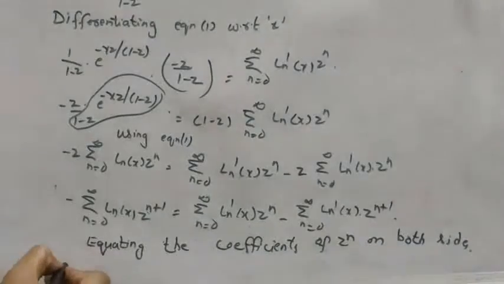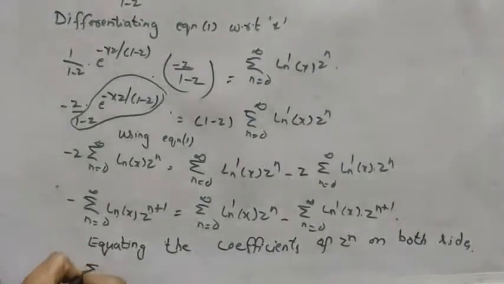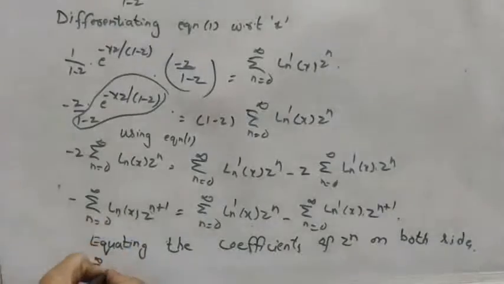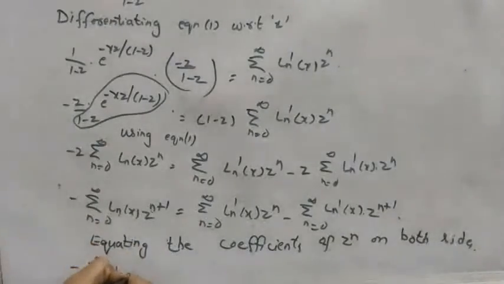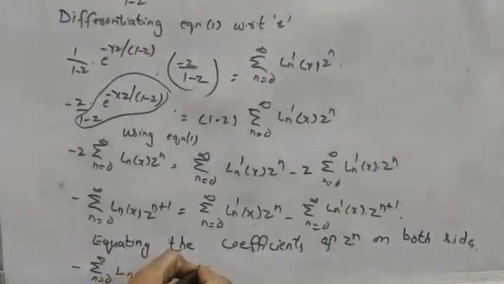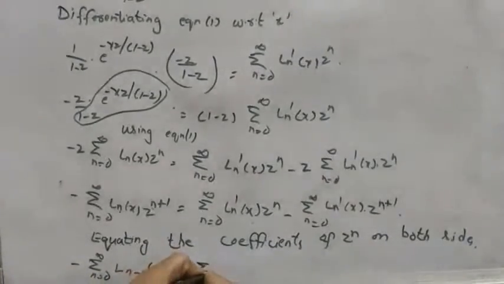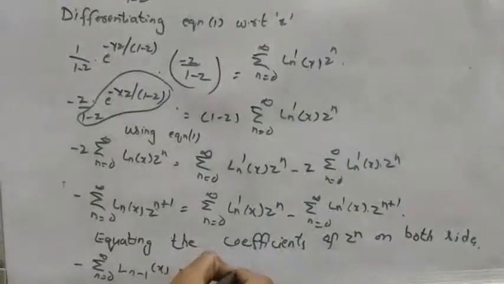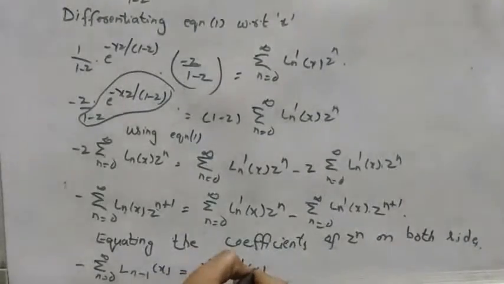So what will we get here: minus summation n is equal to 0 to infinity. Now here Ln is there. So in place of n, minus 1, you have to write n minus 1, is equal to summation n is equal to 0 to infinity. Z power n coefficient is Ln dash of x.